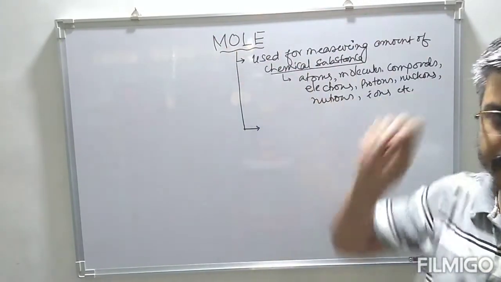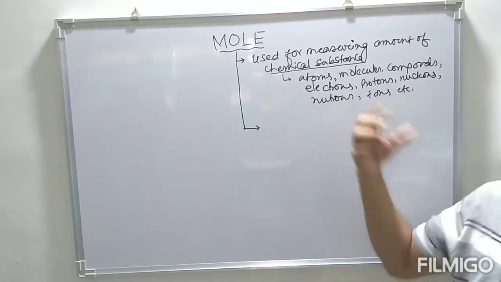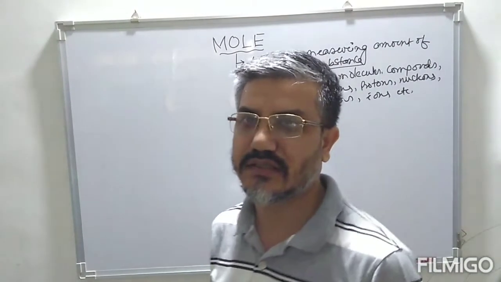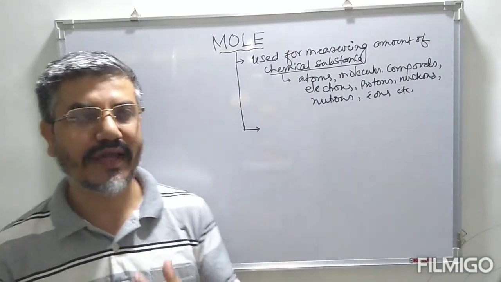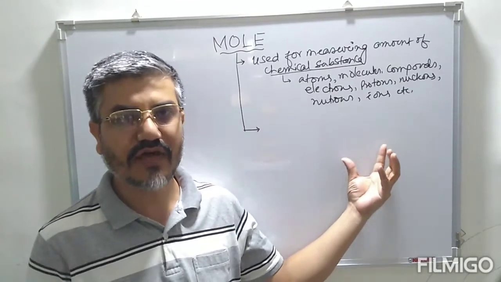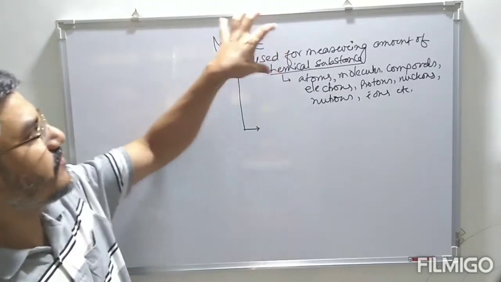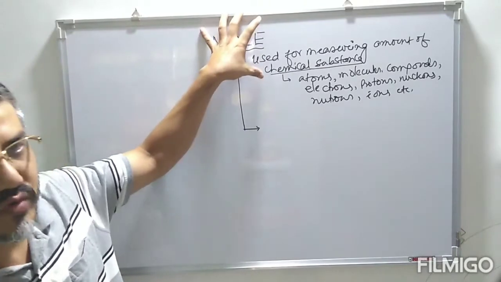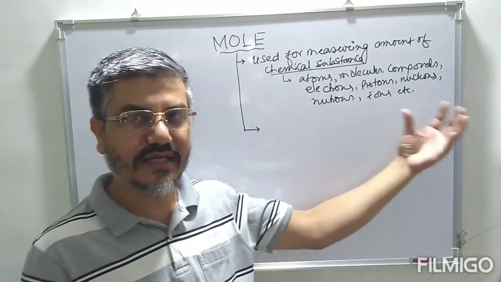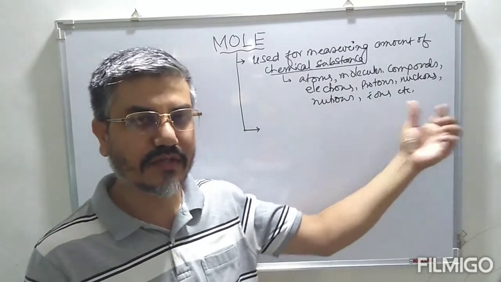So mole is defined as the amount of a chemical substance that contains as many entities or particles as were present in 12 gram of carbon 12 isotope.